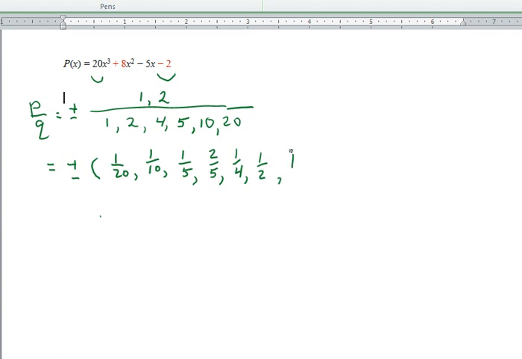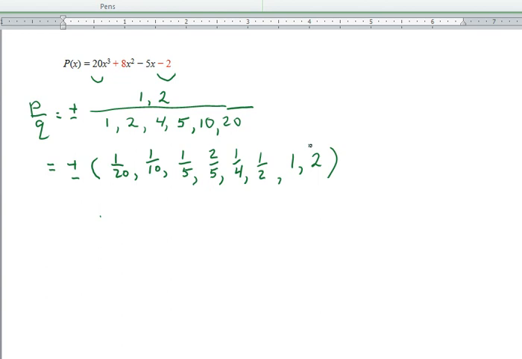And lastly, when the denominator is 1, 1 over 1 has already been written down. That's 1. 2 over 1 is 2. So I think we have 16 possible rational zeros, the smallest of which is -2, and the largest is +2.